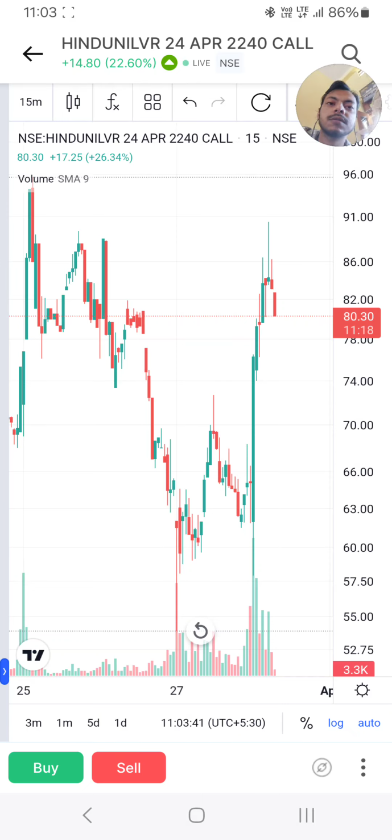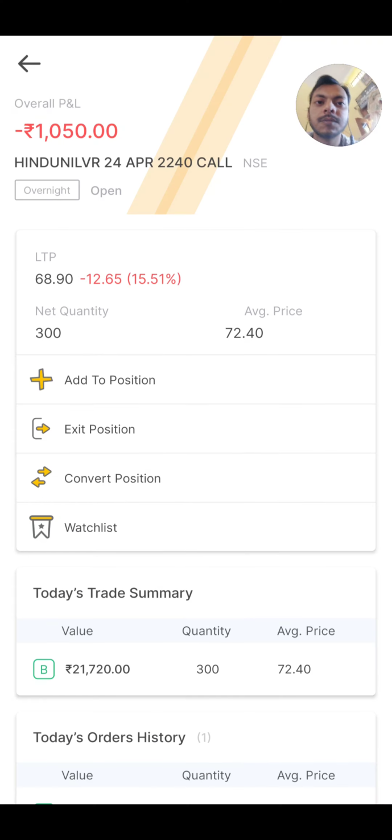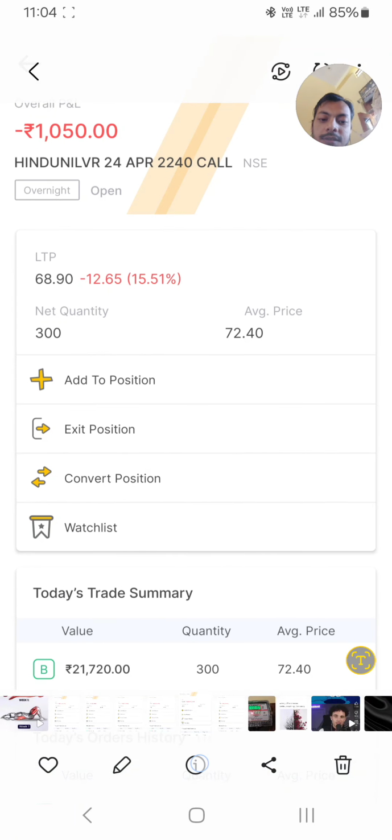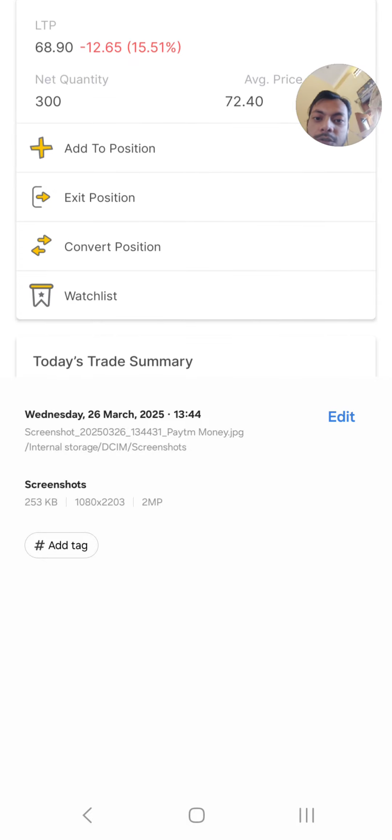So okay, since you have seen the final result, let me show you the intraday moves in between, the dynamic PNL that was there. As you can see on this screen, this image was taken on 26th of March at 13:44.